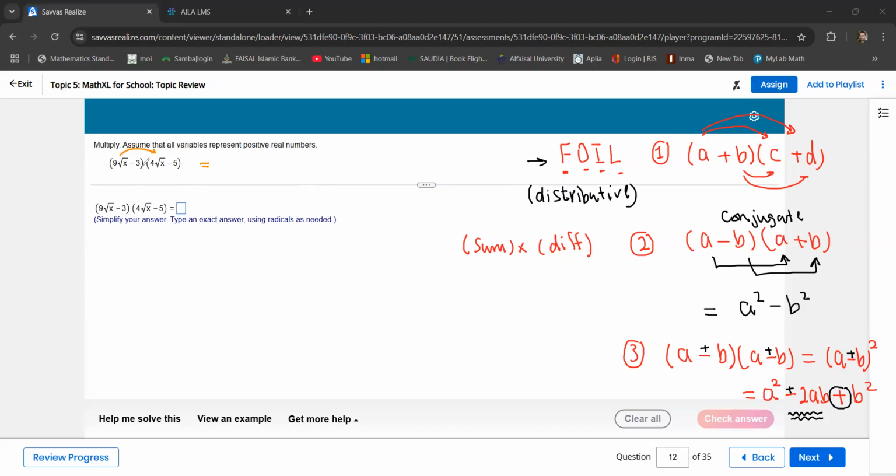So multiply 9 times 4, 36. Root x times root x is x. Multiply 9 times 5, 45, so negative 45 root x. Multiply negative 12 root x. Multiply positive 15.